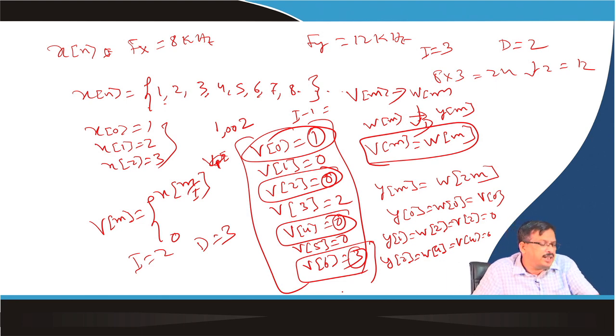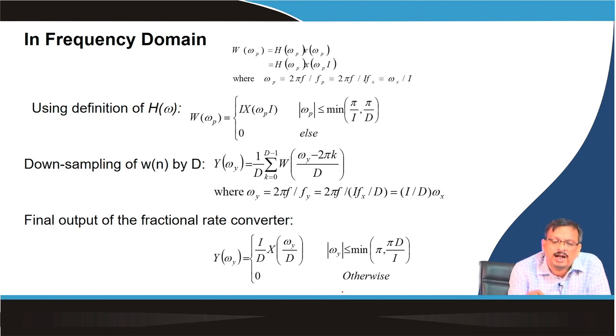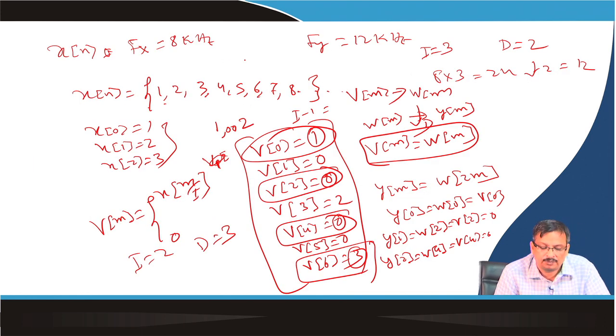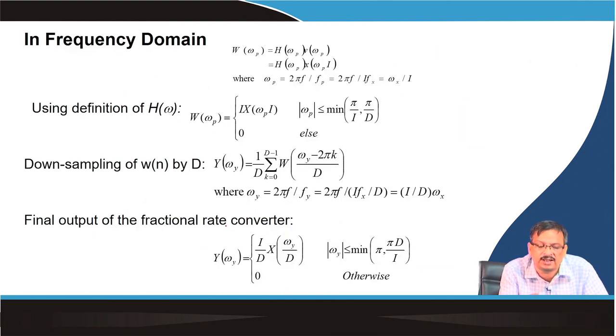Okay. Now, what happens in the frequency domain? In the frequency domain, if you see the diagram, what is W of omega p? It is nothing but V of omega p multiplied by the filter frequency response H of omega p.